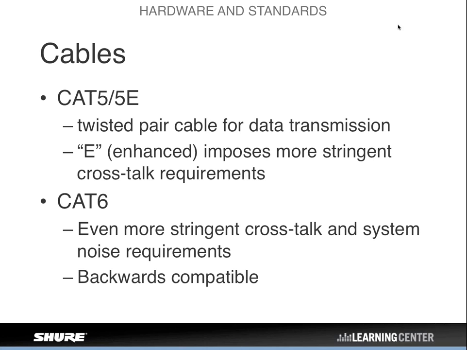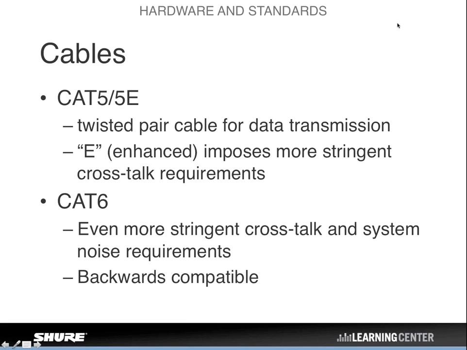You've probably heard some of these cable types or names being thrown around. Cat 5, Cat 5e, Cat 6. These are types of cables, and in essence, a twisted pair cable for data transmission is how you would define some of these cables. As the standards have progressed, cables have gotten more capable in terms of passing more data through with higher bandwidth, or imposing more stringent requirements to reduce crosstalk, noise or interference.